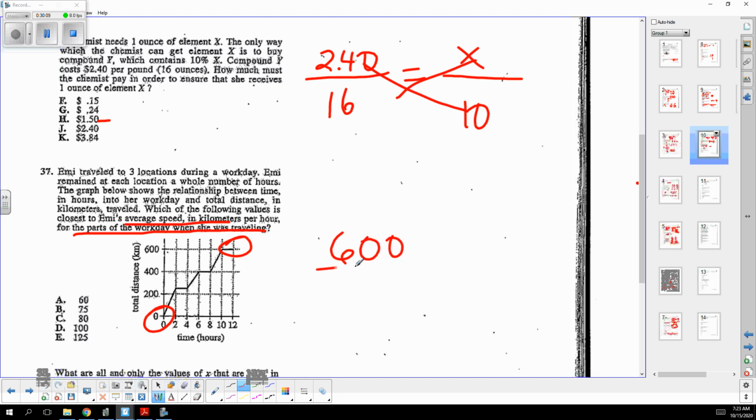She went 600 miles. Now, it's not over 12 hours because she rested 3 different times, or didn't travel 3 different 2-hour periods. So it's only 600 over 6 hours. Answer D.